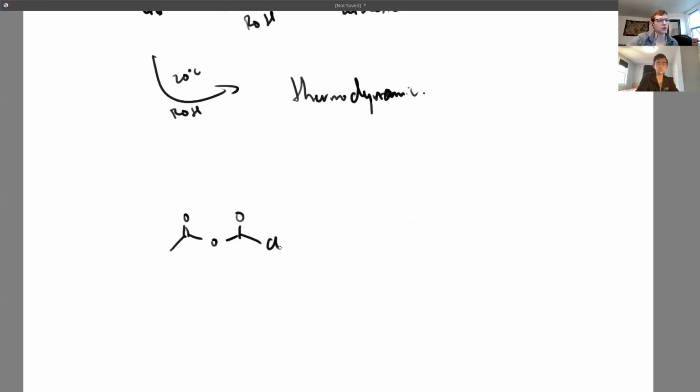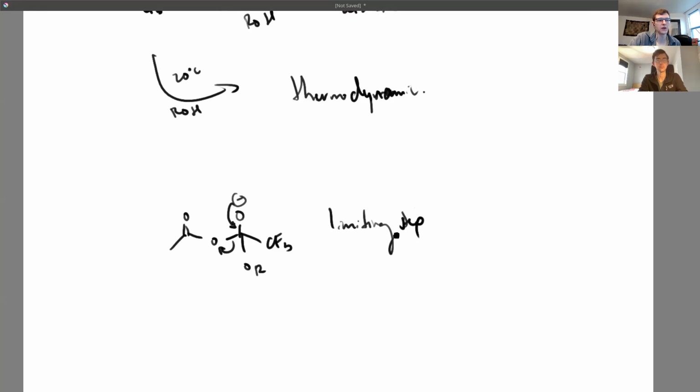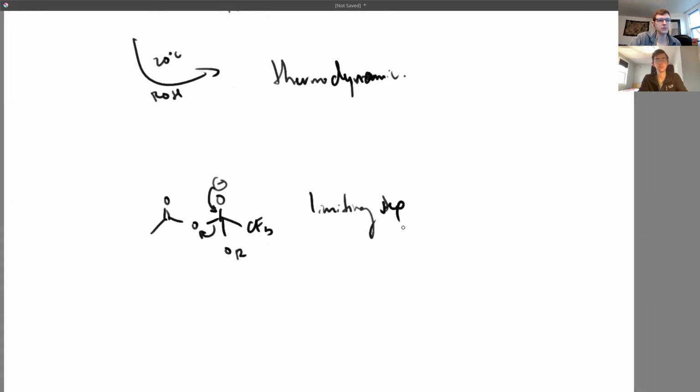So if this is your intermediate, and the limiting step is this, just detaching the other, like taking the leaving group off. If this is the limiting step, then you would wind up favoring the one that we didn't get, right?